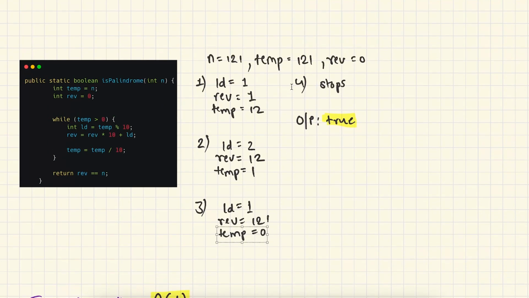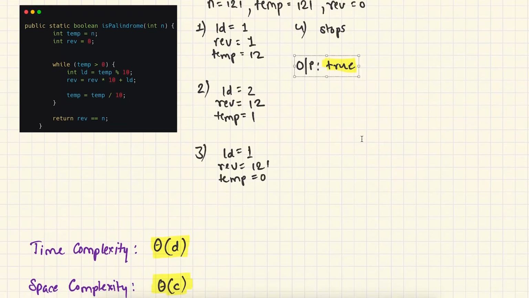In the fourth iteration, our condition becomes false and the loop stops. And this time we simply check if the reverse is equal to n, and our reverse is 121, and that is equal to n. So this time this function returns true.